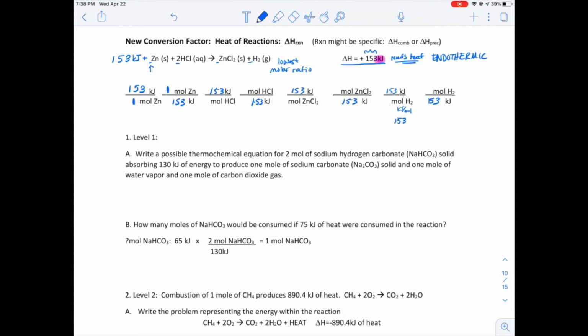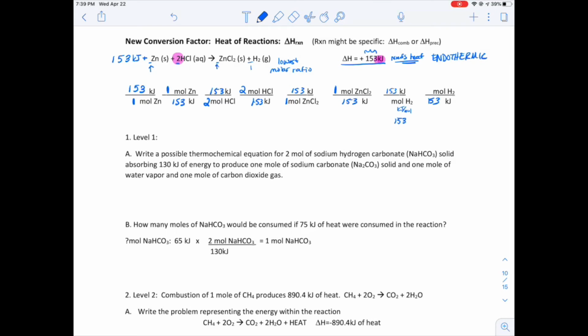So this is 153 kilojoules in 2 moles because this right here is a 2. So in 2 moles of HCl, 153 kilojoules. Or in 153 kilojoules, there's 1 mole of zinc. Same here, zinc chloride.